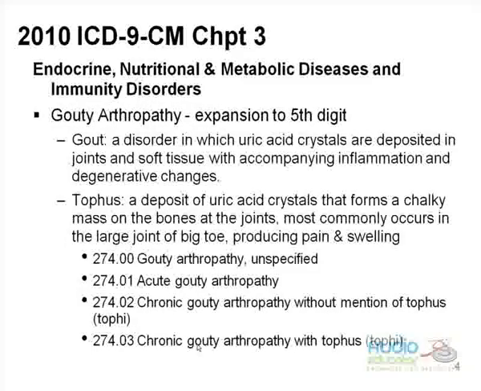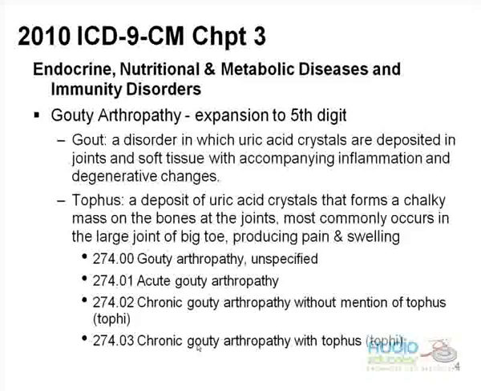I've included the definitions of some of the terms in those codes, particularly with and without tophus, tophi. Again, I'm not going to spend tremendous amounts of time here, but for those of you that have referral sources from podiatry or from the foot and ankle orthopedic specialists, you may want to take a look at these codes.